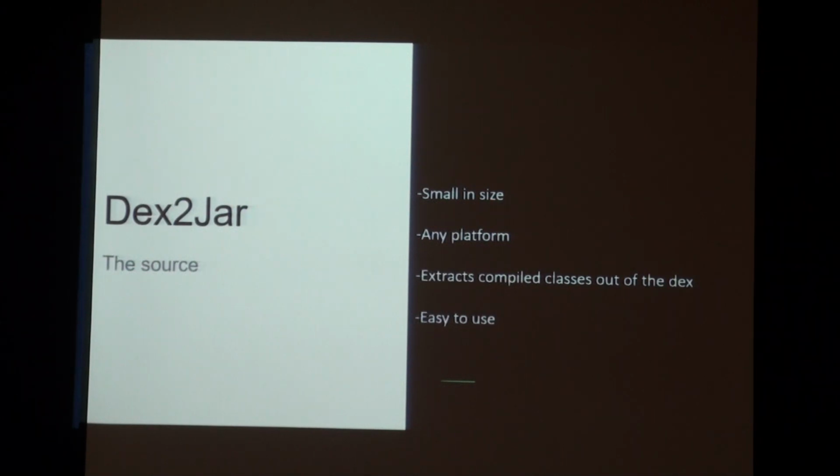For that, we have this tool called Dex2Jar. It's an open source tool and easily available. It's small in size and works on most platforms as well. Like the name says, it extracts the Dex to Jar. So you get a Java archive, and once you get it, it is easy to use one of the Java decompilers to view the source code.